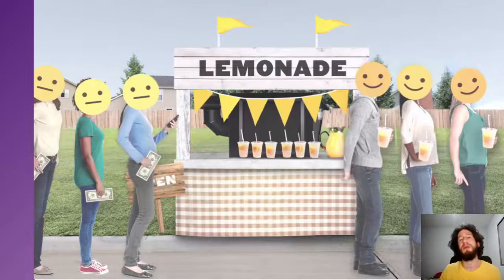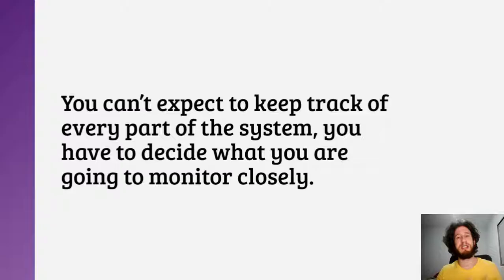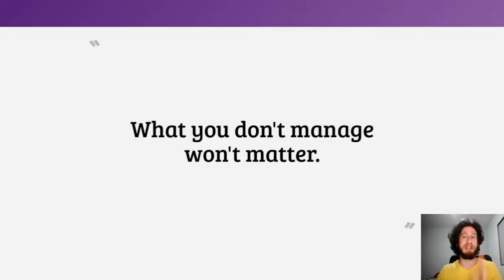This is the role of a supervisor, which is totally fine. But if you want to be a leader that leverages the assets, then you have to decide to look at certain parts. Remember, what you don't manage won't matter.